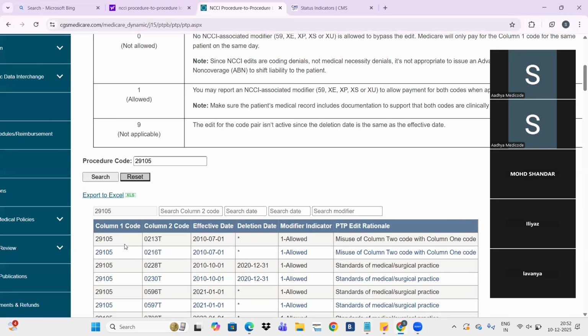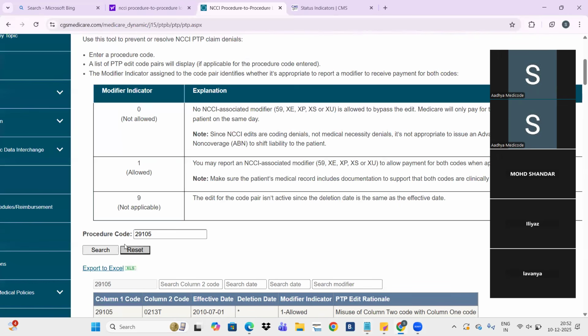Total we have 3 edits. 0, not allowed, we should not code together. 1, we need to append a modifier. 9, not applicable, directly we can code together, no need to apply any modifier. Clear 019.